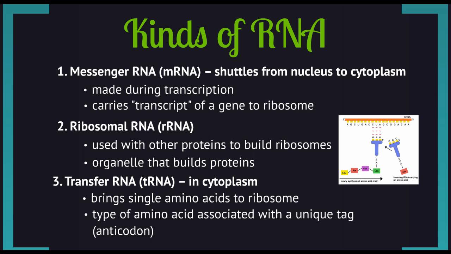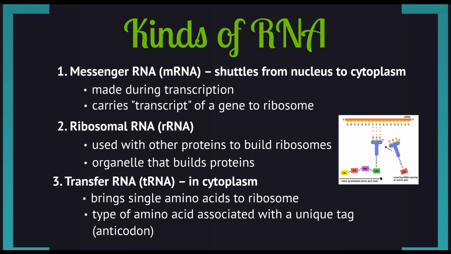So I use various goofy examples in this class, and you could think a little bit about gene expression as a restaurant actually making a recipe. So the cell is the restaurant, and we've got the main kitchen, and then you've also got the office for the chef where he or she has their master cookbook. So think about DNA as the master cookbook for the restaurant. And every day the chef is going to pick specific recipes that he or she is going to make for that particular day.